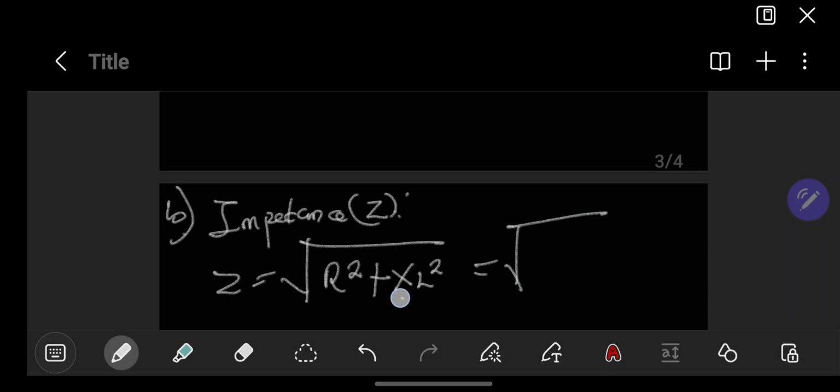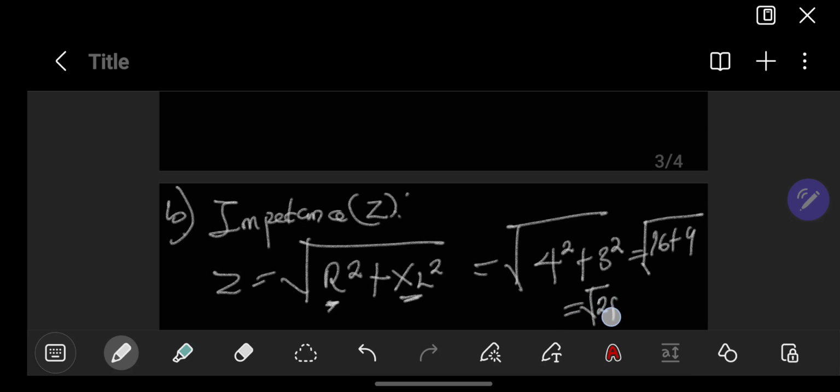We just calculated XL, and we already been given 4 ohms as the resistance. So this will be 4 squared plus 3 squared, which is 16 plus 9, that's 25. Square root of 25 is equal to 5 ohms. Okay, so that takes care of B.